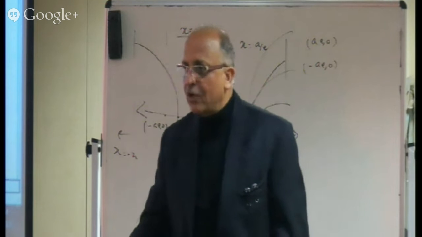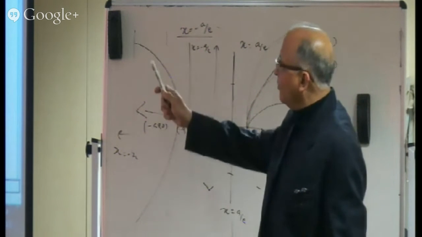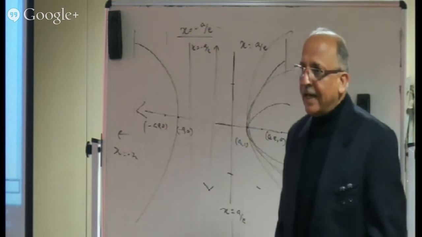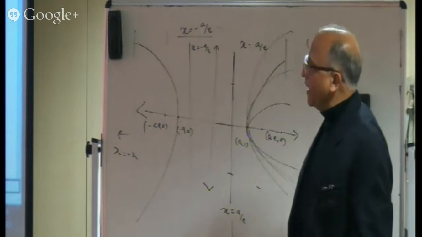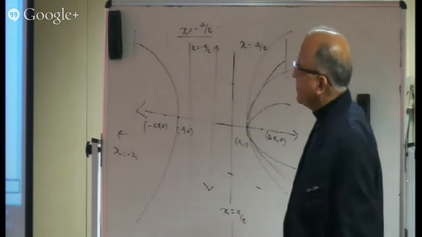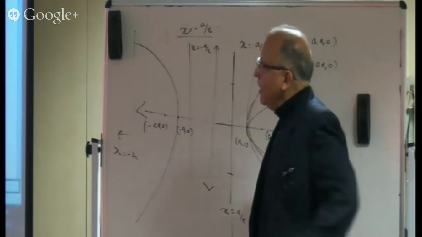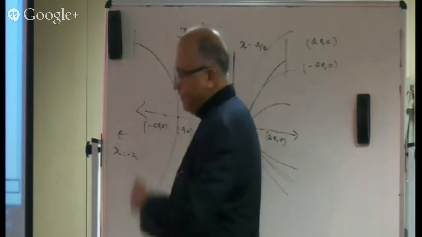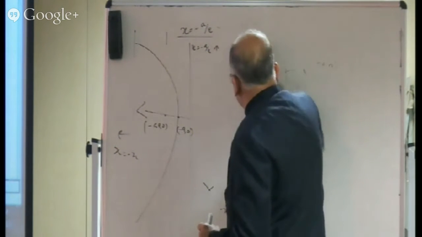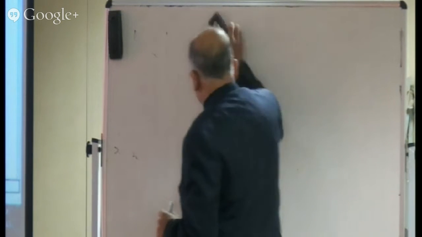Similarly, we have the equation of the transverse axis as y equal to 0 and that of the conjugate axis as x equal to 0. Before coming to latus rectum, let us see a few concepts. I'll come back to tracing of the hyperbola again.